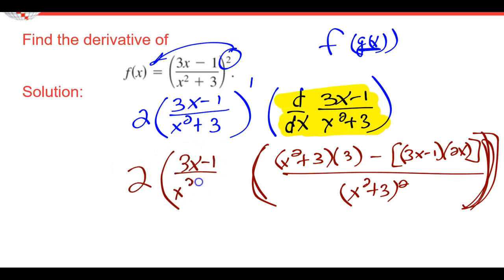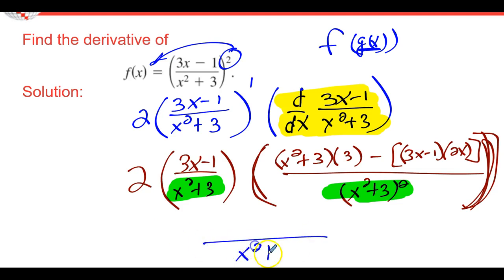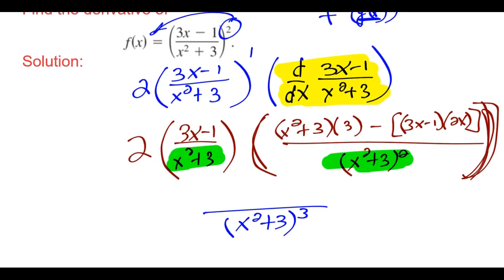Now I know how you guys feel doing homework. Oh, do I really have to write that out? So this times this becomes x squared plus 3 cubed, because you rewrite the base and add the exponents.